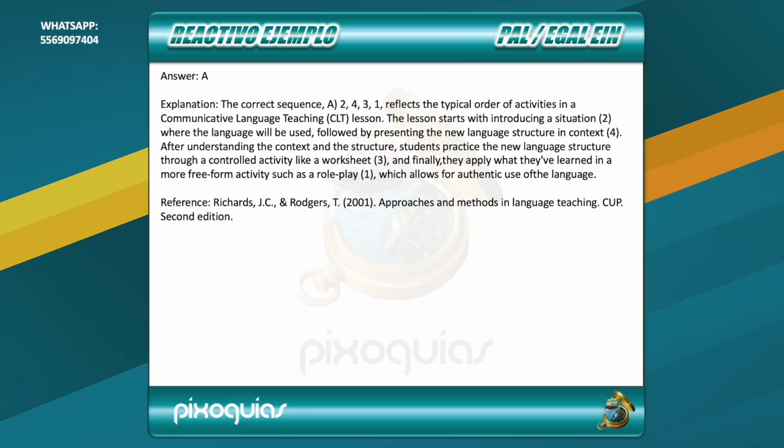After understanding the context and the structure, students practice the new language structure through a controlled activity, like a worksheet, which is 3, and finally they apply what they have learned in a more free-form activity, such as a role play, which is 1, and this allows for authentic use of the language.